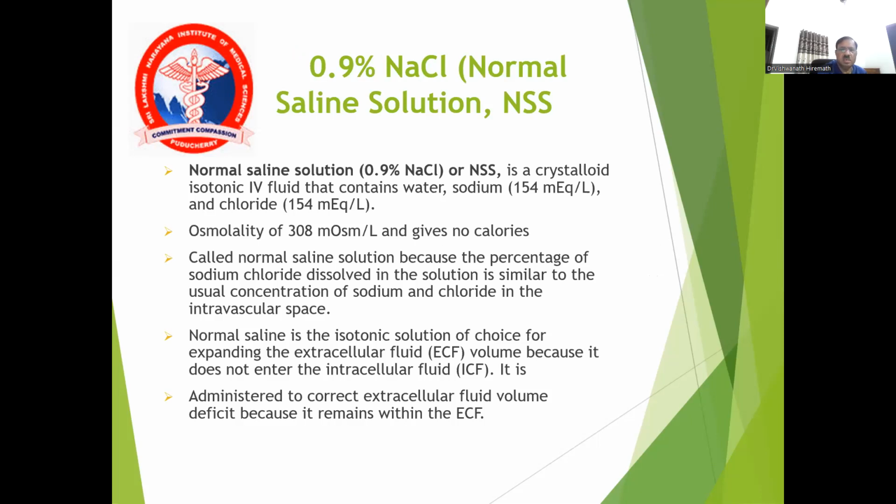So let us try to understand some of the features of some of the isotonic fluids. Example: 0.9% sodium chloride, which is called normal saline solution. Normal saline solution, or NSS, is a crystalloid isotonic intravenous fluid that contains water and sodium and chloride ions.